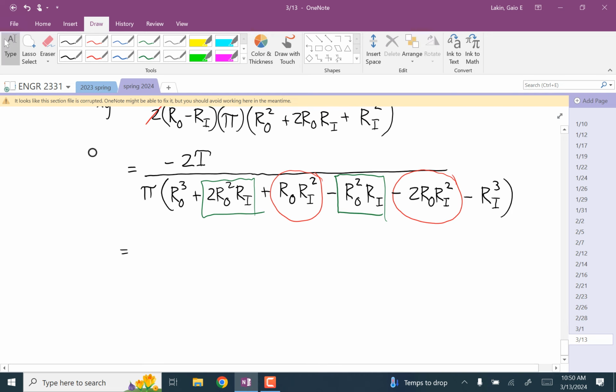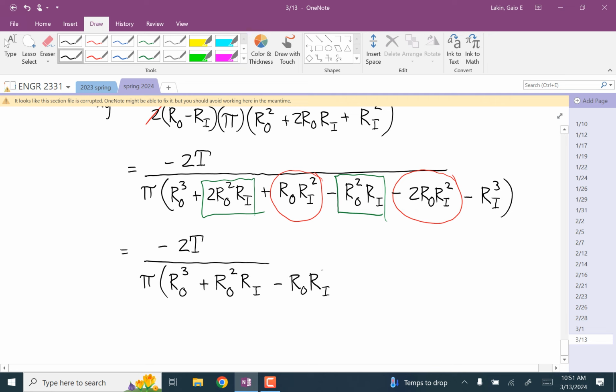And so we have negative 2T over pi times the quantity r outer cubed plus r outer squared r inner minus r outer r inner squared minus r inner cubed. Right? Yes.